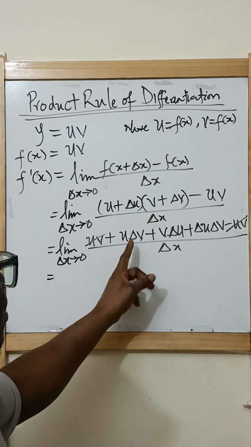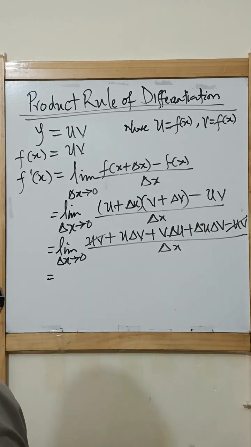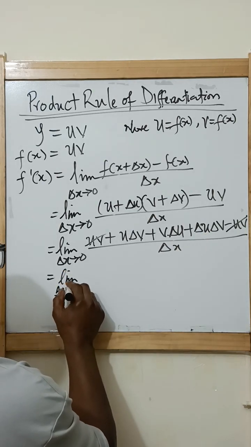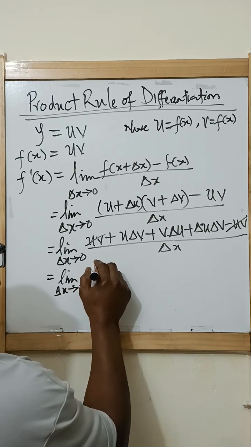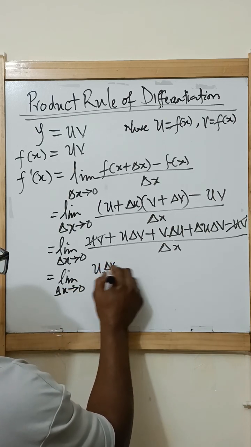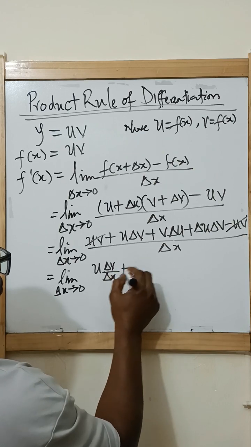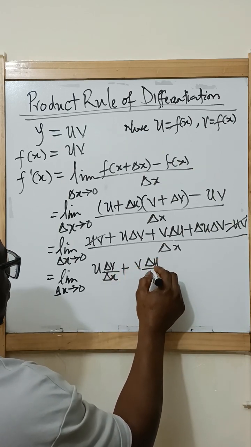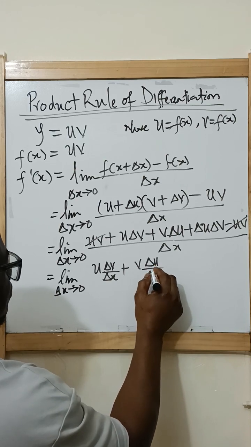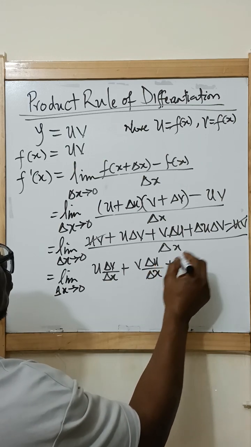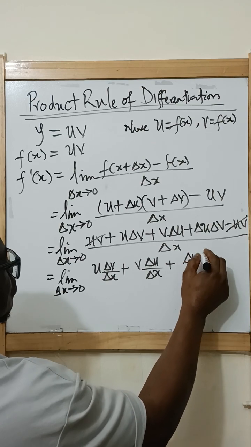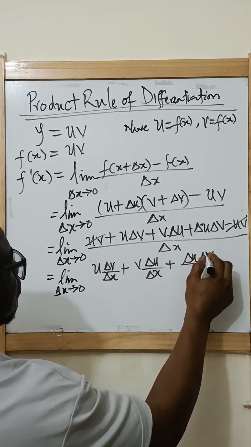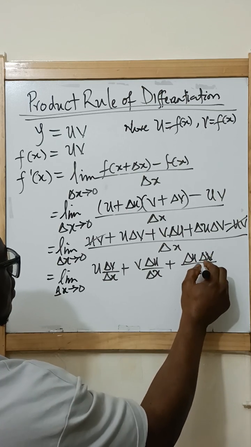Now from here we can divide every term by delta x. This is going to be the limit as delta x tends to 0 of u delta v over delta x, plus v delta u over delta x, and then plus delta u delta v over delta x.